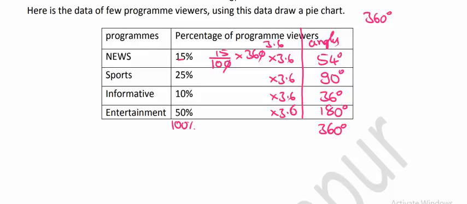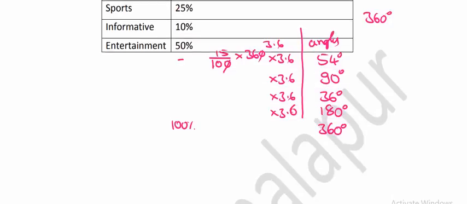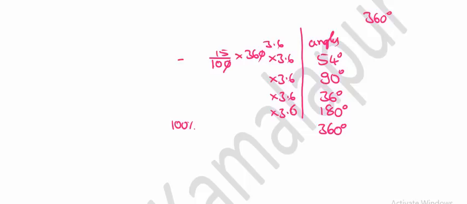Now we observe the rough diagram of how to draw the pie chart for this. I draw a rough chart only. You have to take your compass, set a measurement of 6 centimeters, and draw a circle here.